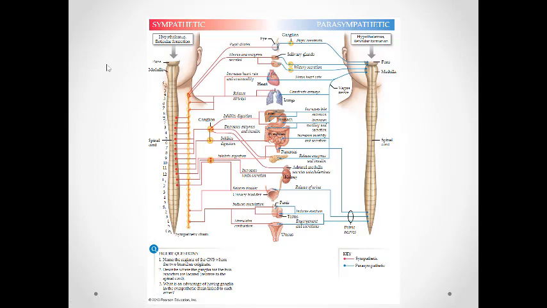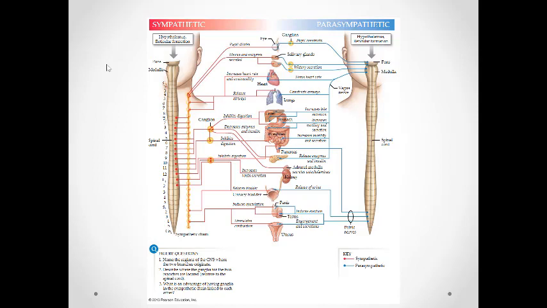So what is needed for fight or flight, right? Your body is not going to be focused on digesting food. It's going to be focused on saving your butt. That means your heart rate is going to increase, your lungs are going to work much more efficiently to provide air to your body.